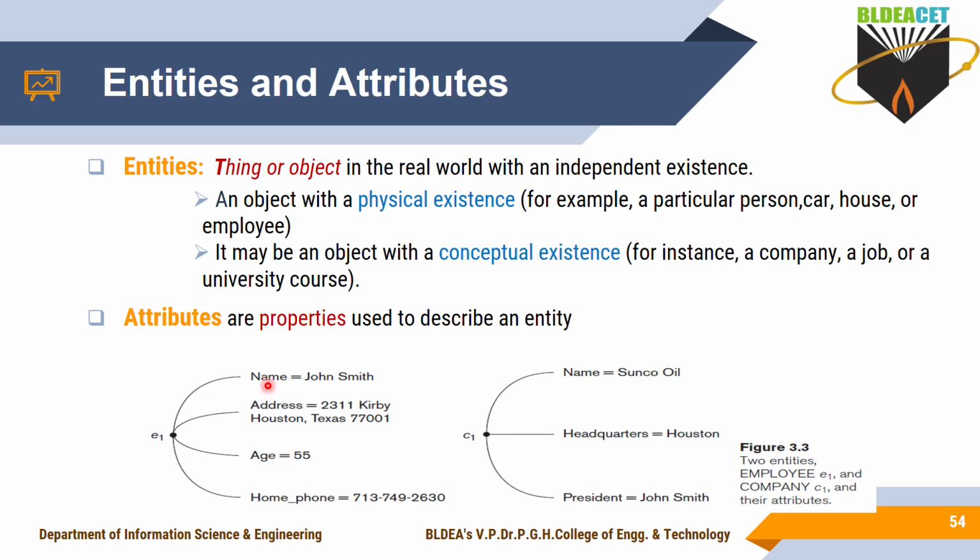All these are the attributes which describe the employee entity here. Next is the company. C1 is the company entity and name, headquarters and president are all attributes which describe the company here. So is it clear now? Entity is any real world object and attributes are what describe the entity here.